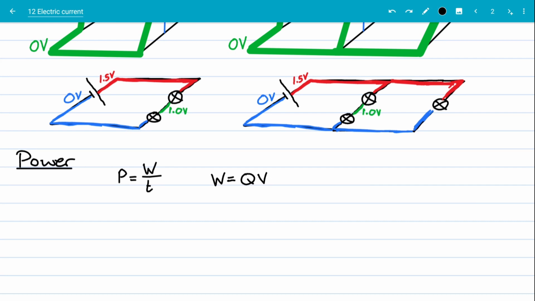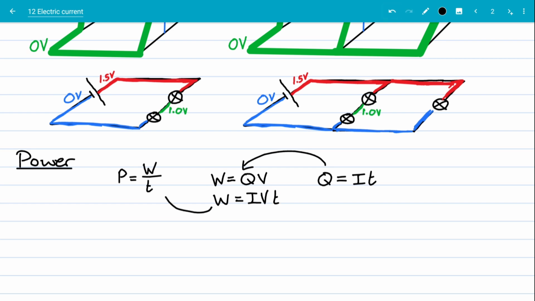Anyway, okay. So we know that that is true. We also know that Q, the charge, is equal to the current multiplied by the time. We saw that last lesson. So if we plug that into there, we end up with work done is equal to current multiplied by potential difference multiplied by time.